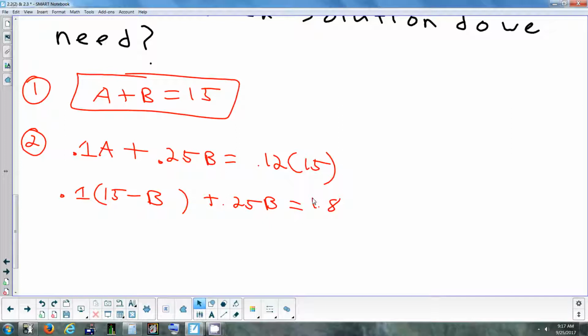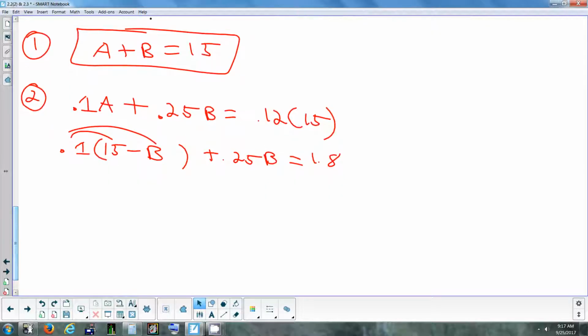And now this is like the algebra 1 equation we had earlier with distributive, except you only have to do it in one spot instead of two. Trevor, what's 0.1 times 15? Yep. So we get 1.5 minus 0.1b.